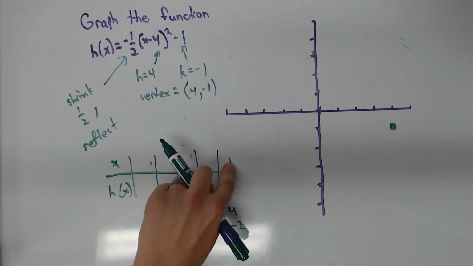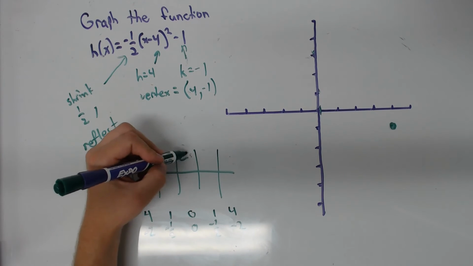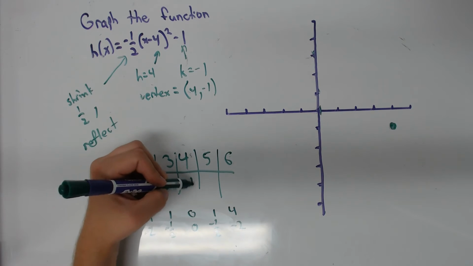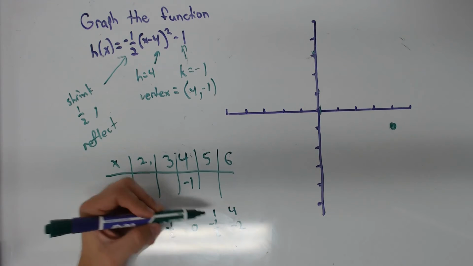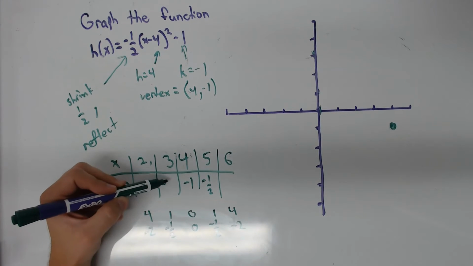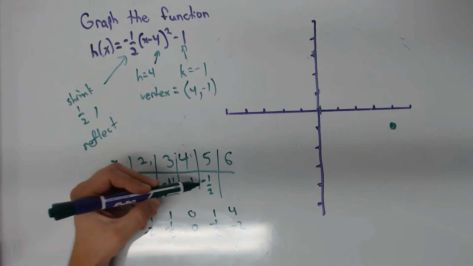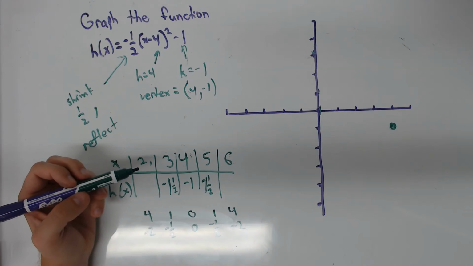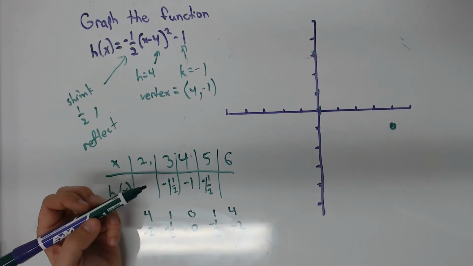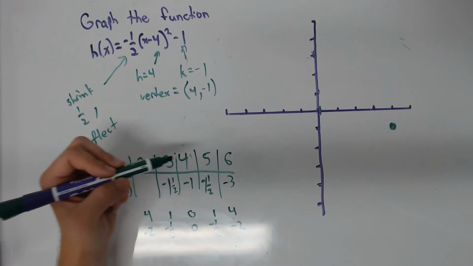Put my x's where my y's should be, and my y's where my x's should be. This should be 4. This should be -1. Okay, so -1 minus 1/2 should be -1/2 on both sides, and then down another 1.5. I should end up at -3.